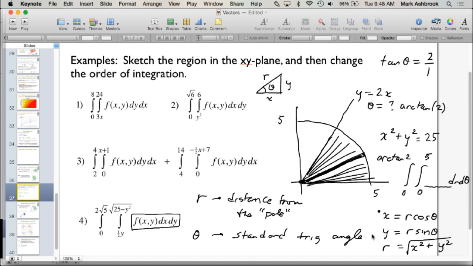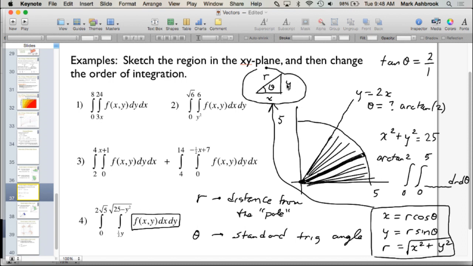So X is r cosine theta, y is r sine theta, x squared plus y squared equals r squared. All comes from that little construct right there, where this is our point xy. This is 0, 0, the pole right here. Based on that right triangle, we get all these relationships. That's review.